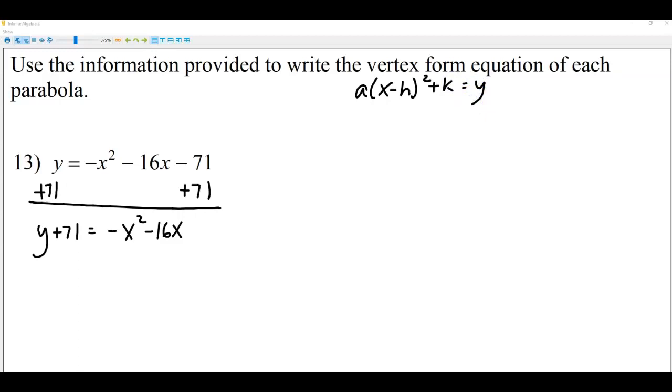All right, so the first step is to add the constant number to the other side. The next step is to factor out the leading coefficient, the -1. I'm going to divide that out of both of these. So if I divide both of those by a -1, I would have this. The next step is a really strange step.